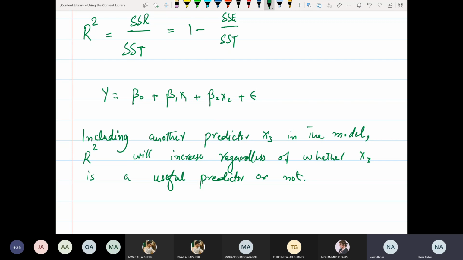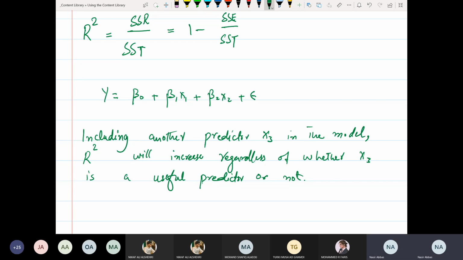You may have a theoretically totally irrelevant predictor. You plug it into the model and you can see R square being increased. So when a new variable is entered into the model, R squared doesn't tell you the real picture whether the new variable was a good one or a bad one. Did the inclusion of the new variable significantly improve the model or not?